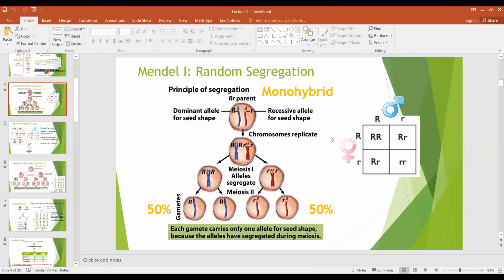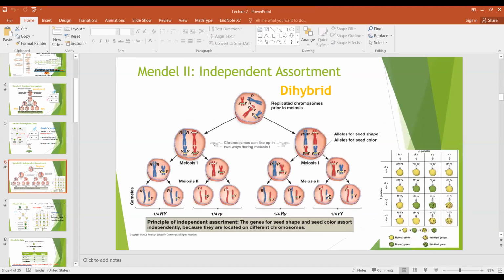By using this beautiful square, we call this the Punnett square, the 2x2 table, we can understand the genetics behind this monohybrid cross. Then we learned the second Mendelian law, Mendel 2. Things get a little more complicated here because we're talking about two genes located on two different chromosomes.